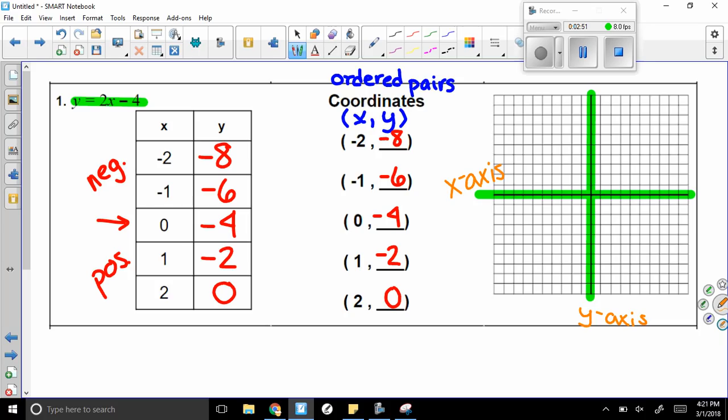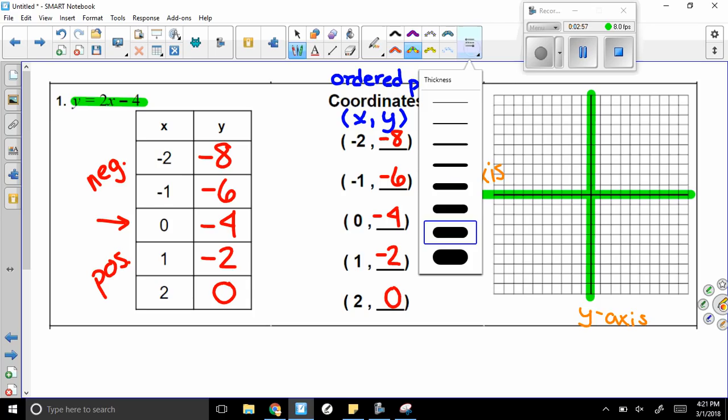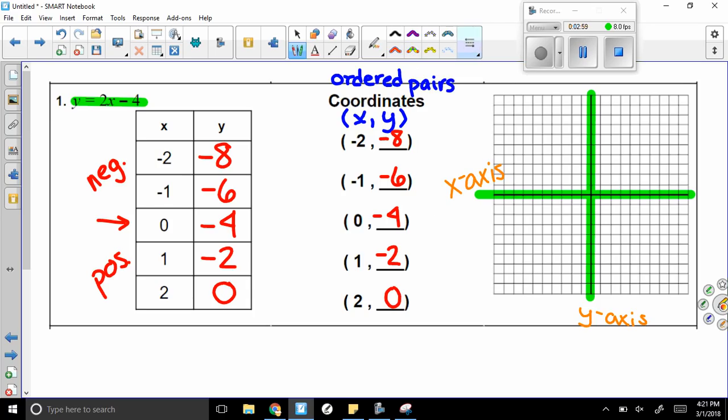And then there's one more piece that's really important in my graph here, and that's that center piece where my two axes cross. That's the point 0, 0, and that's also called the origin. And that's where we always start when we're graphing. We always want to start at the point 0, 0 and then move our pencil as we go.